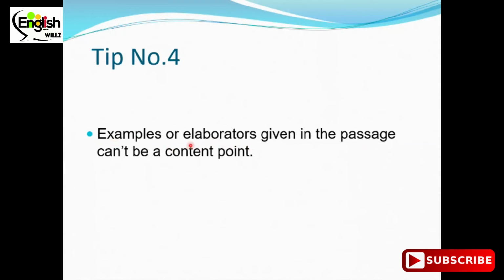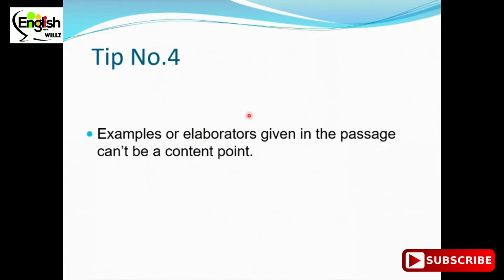So when you see "for example," "for instance," these kind of words, understand these are examples and these cannot be content points. And then there is extra information which has nothing to do with the question of your content point. For example, if your examiner has given the question, find out and write the advantages of internet in the past and the advantages of internet in the present.